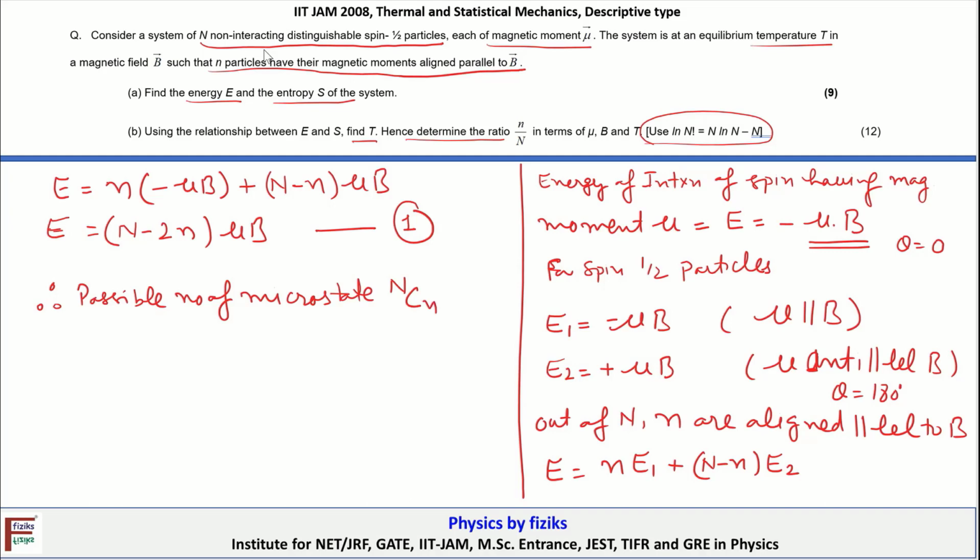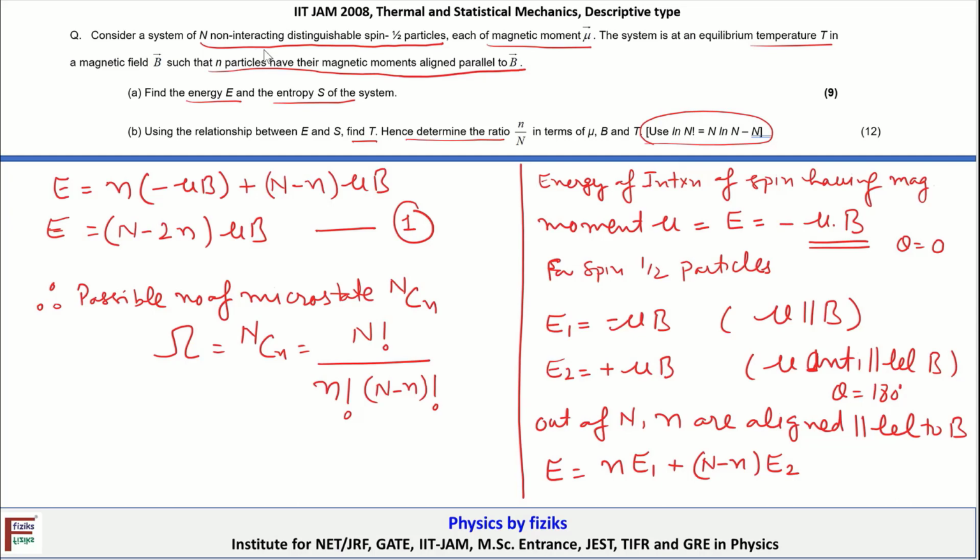If we denote those microstates as omega, that is N C n, the arrangements of N objects, N factorial, out of which n factorial are of one type and the remaining N minus n factorial are of another type. That is the possible number of microstates.